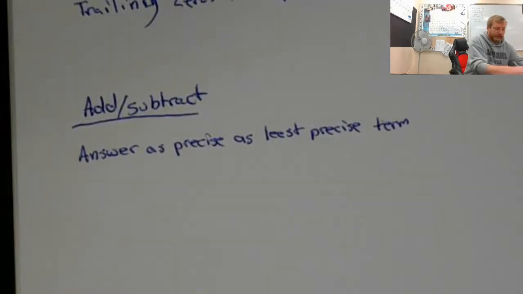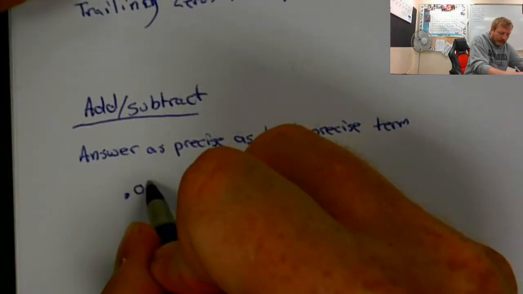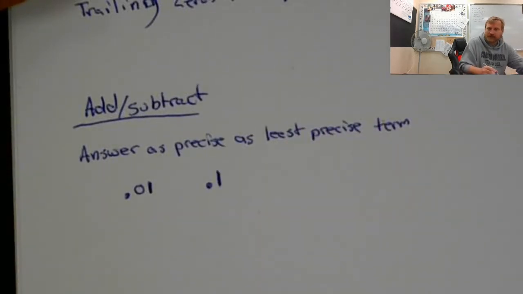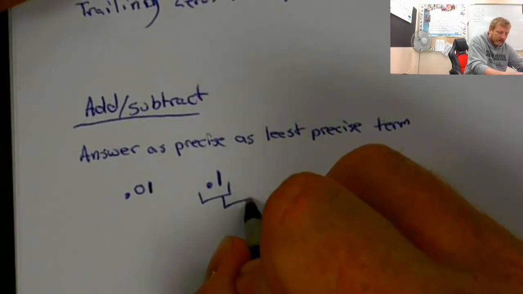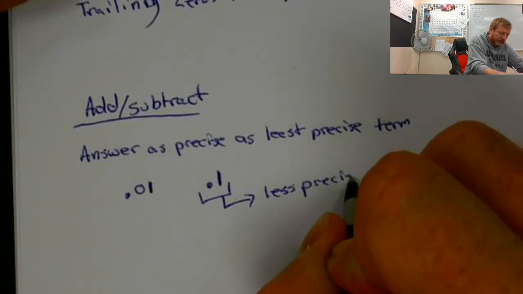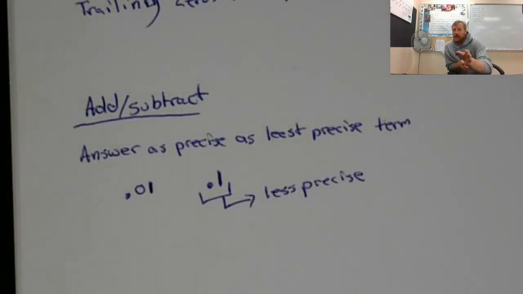If we had something that went down to the hundredths place, and something that only went down to the tenths place, this would be less precise because it's not going down as many places. So we're looking for where the last significant digit to the right is, and whichever one is the least precise, with the last significant digit furthest to the left, would be the controller of our answer.